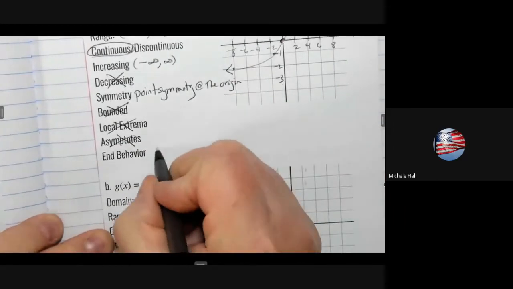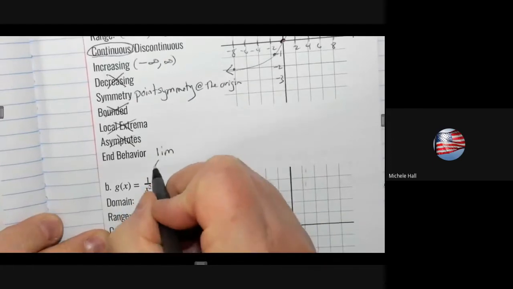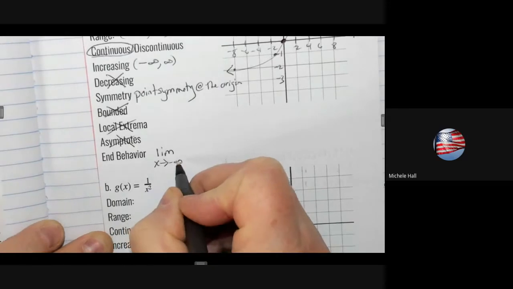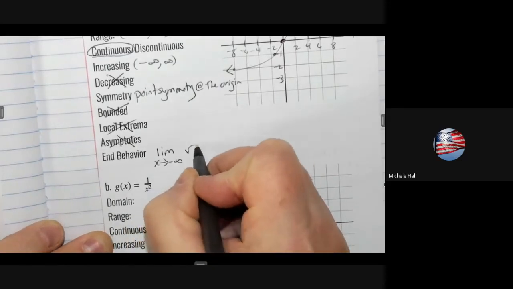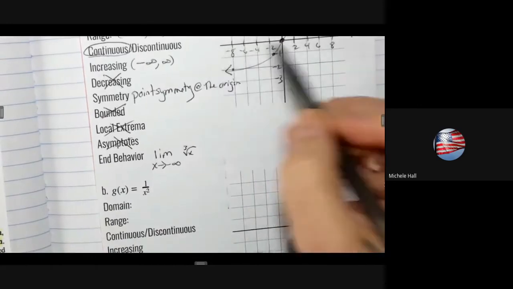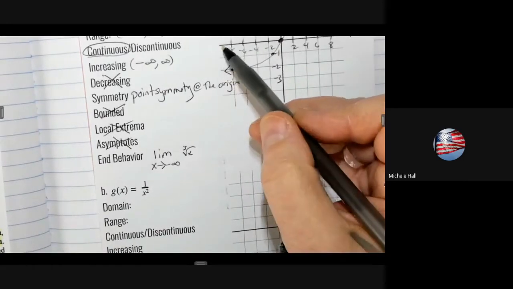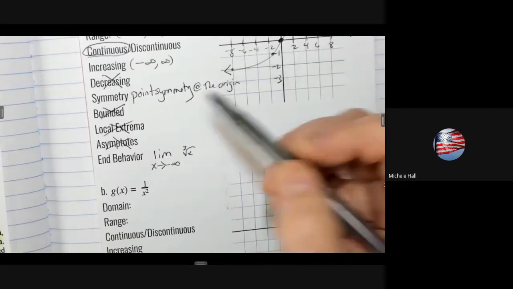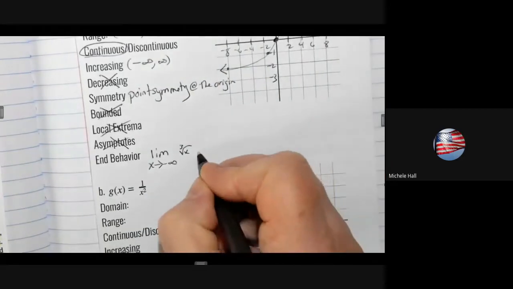And then if we look at the end behavior of each tail, we would say the limit as x approaches negative infinity of this function. So as x approaches negative infinity, what are the tails doing? They are heading out, out, out, so you would say that this would be negative infinity.